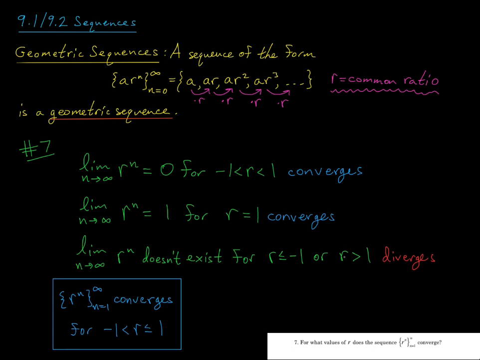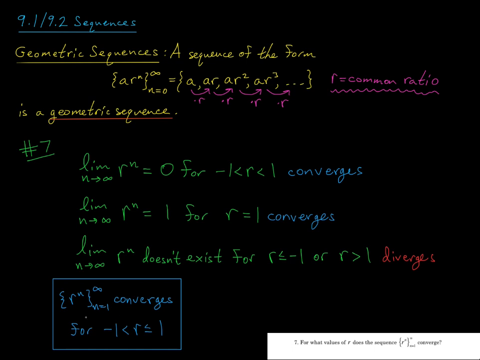But if the magnitude of R is more than 1, say R is 3 or -5, raising R to a very large power will give us something in magnitude that's going to become infinitely large, the larger that exponent becomes. In that case, the limit will not exist, and the sequence diverges.